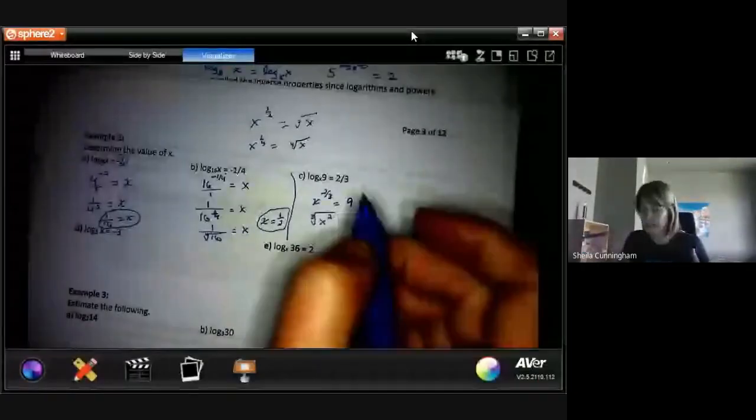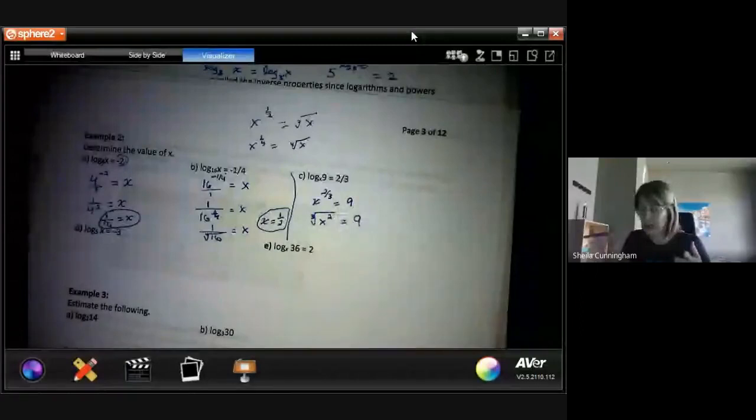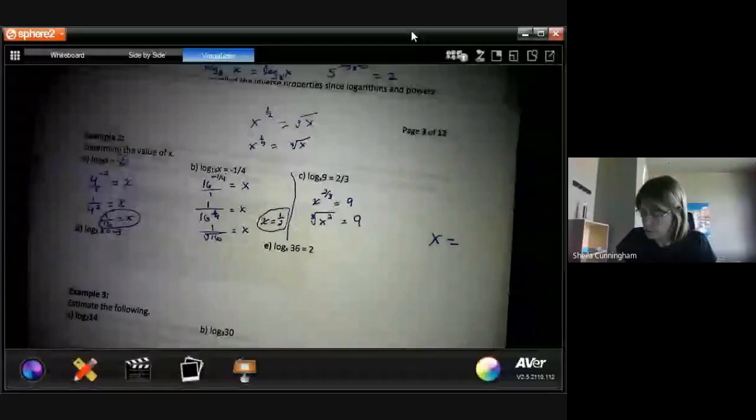Now, ultimately, I need to get this to a resulting answer where I'm just saying x equals something, not x squared, not cube root of x. I need it to be a plain single x. So you work on the outer part first and work your way into the x.